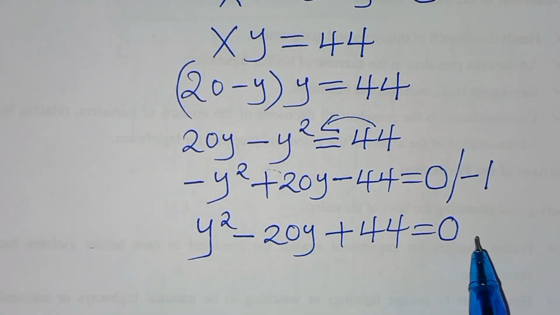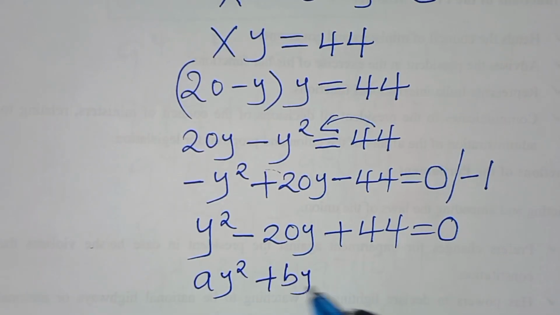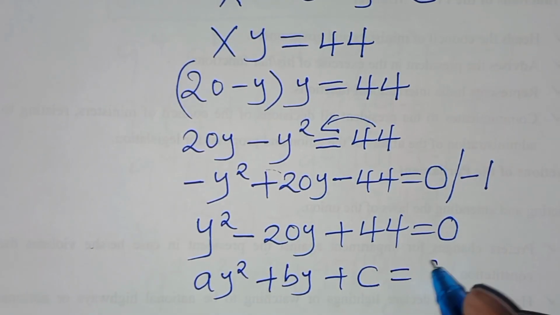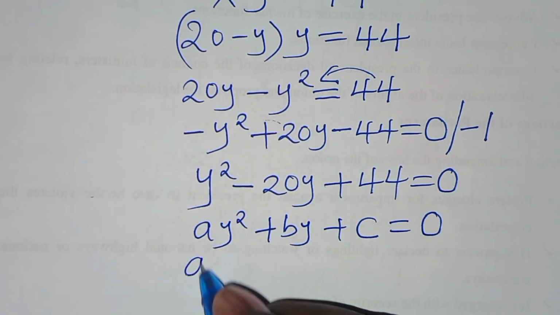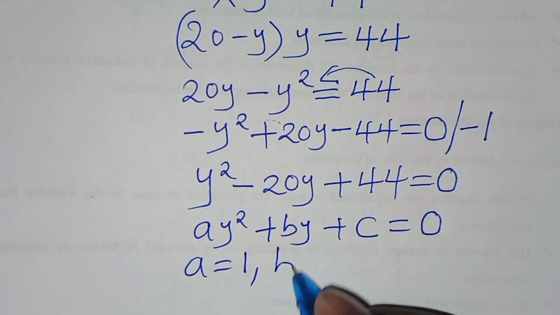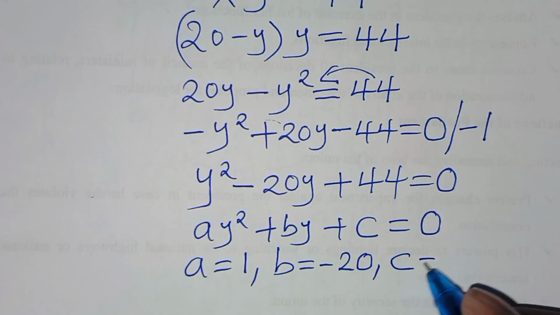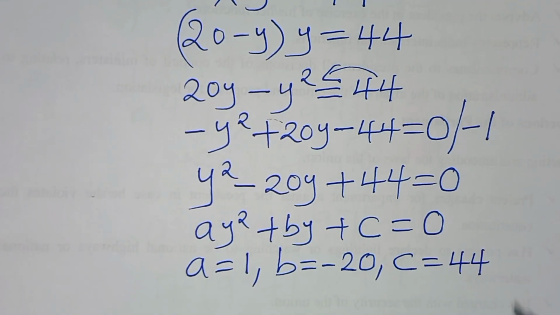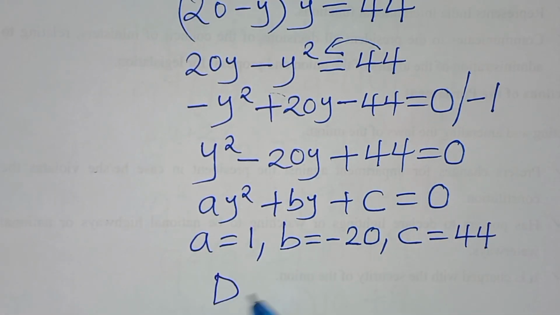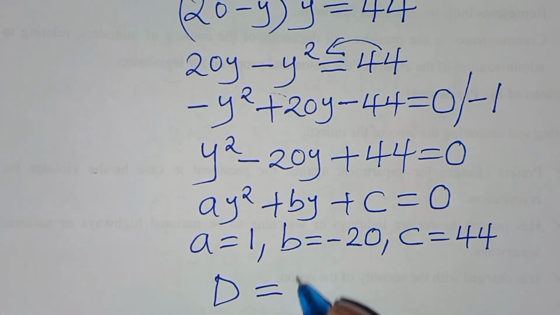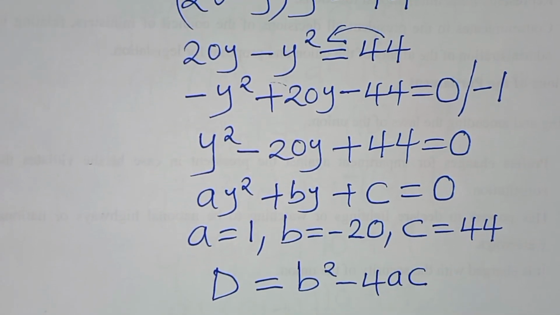So this is a quadratic equation of the form ay squared plus by plus c equal to 0. So from this quadratic equation, a is equal to 1, b is equal to minus 20, and c is equal to 44. So let's check the nature of this quadratic equation by determining the discriminant value, which is b squared minus 4ac.